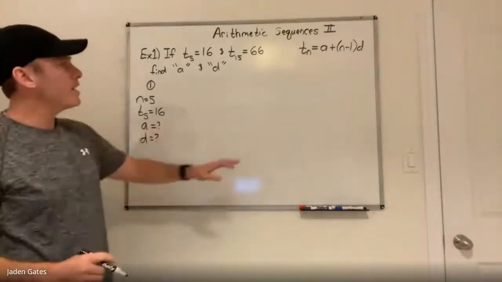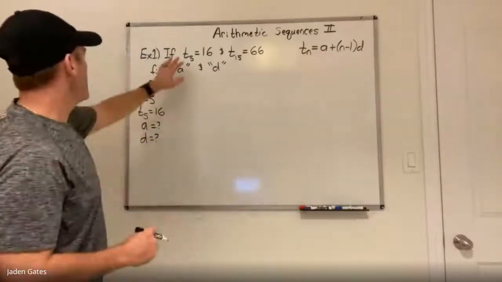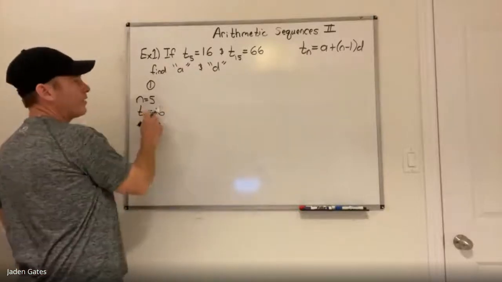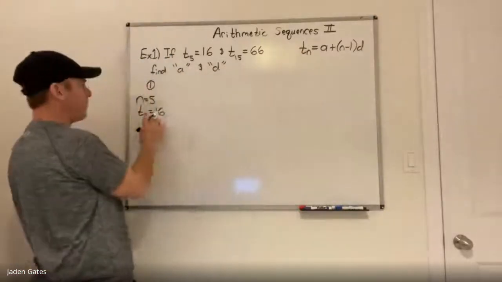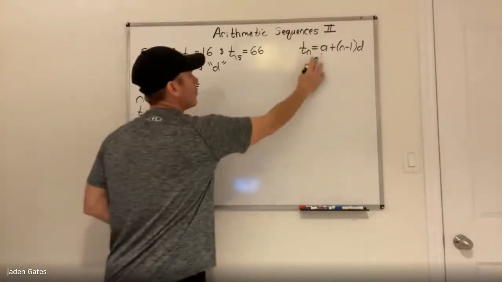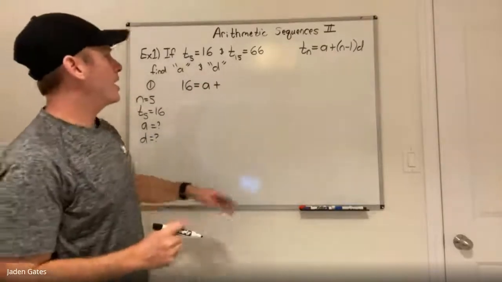Now, if I substitute into my equation, just regarding the 5th term, I have T5, which is 16, is equal to A plus N minus 1.